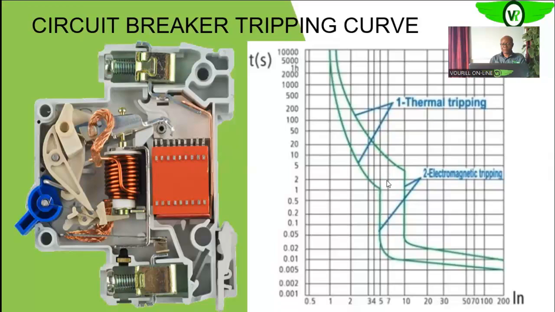But also if you look critically, you see that it also affects the instantaneous trip time. So when it is cold, it goes to 10 times from 5 times.